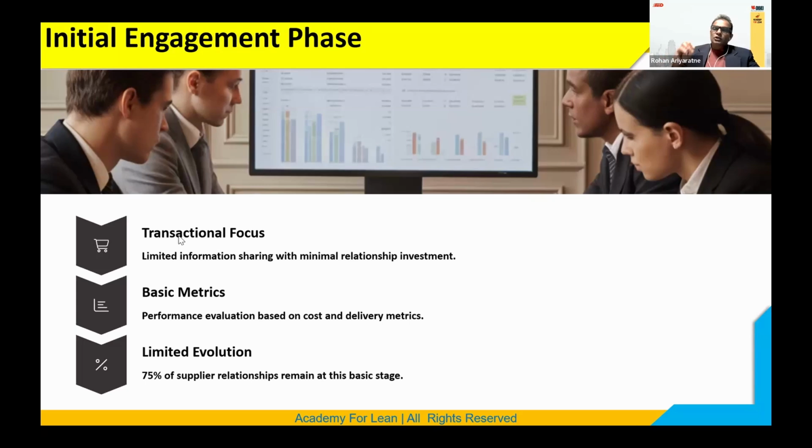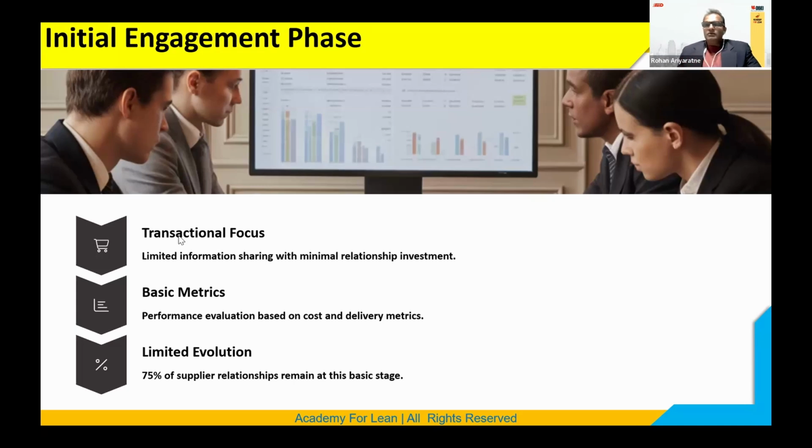phase, rather than creating a very sophisticated matrix, you can start with small basic tools to monitor and evaluate them. Otherwise, sometimes some of the suppliers don't understand a sophisticated evaluation mechanism. As Vimal explained, Kaizen, the, what do you call this, hosting country.